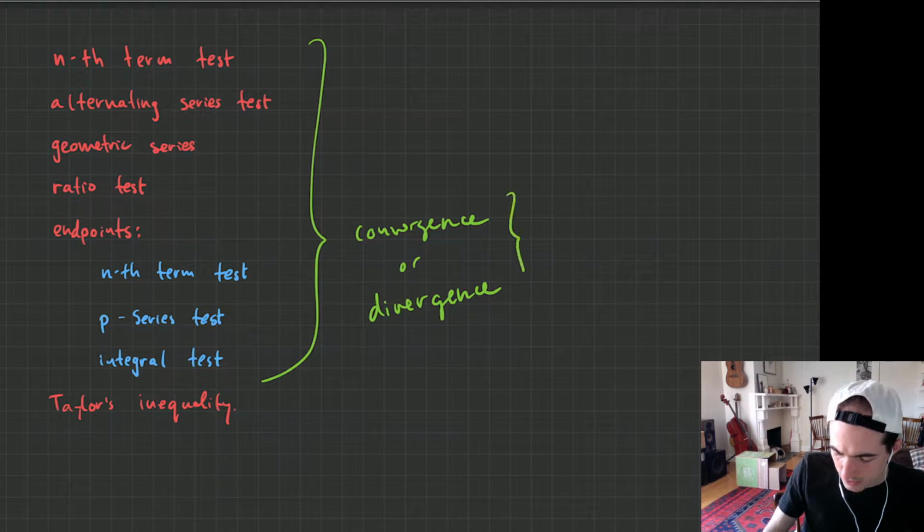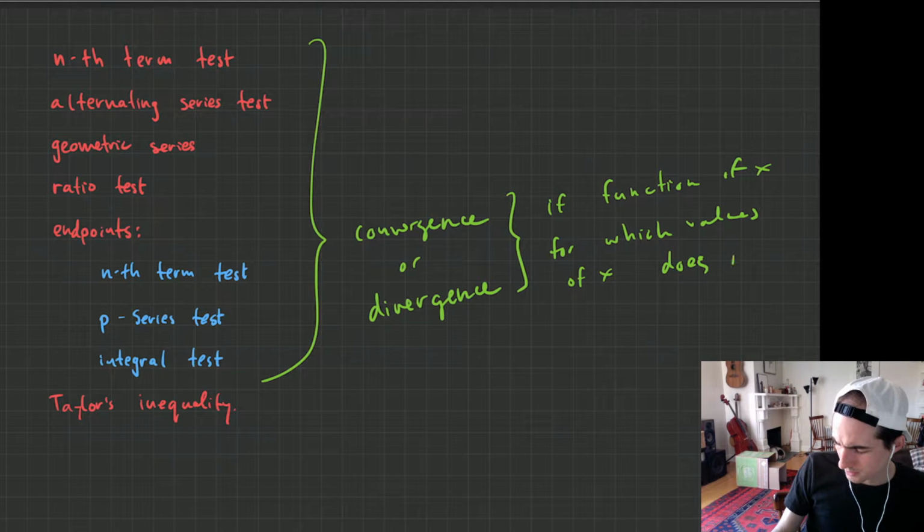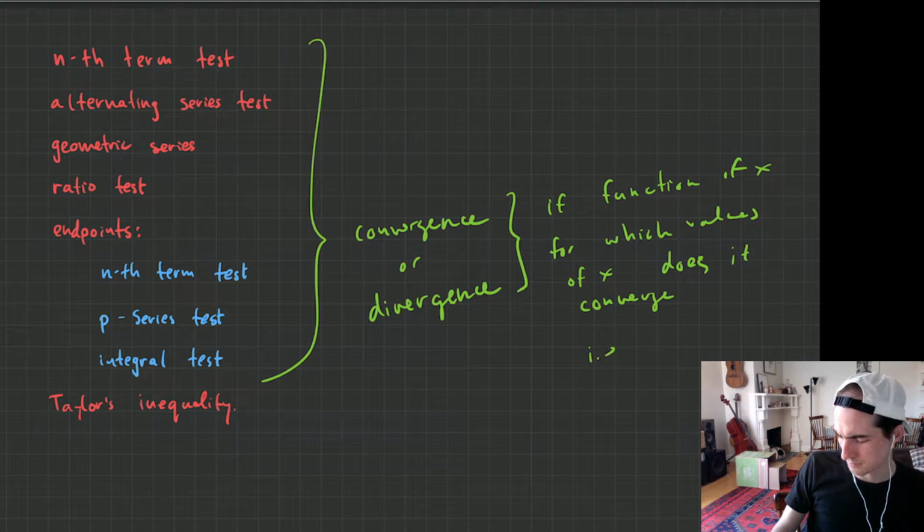And if there's an x in there, so if it's a function of x, for which values of x does it converge? Okay, and then that's the radius of convergence.